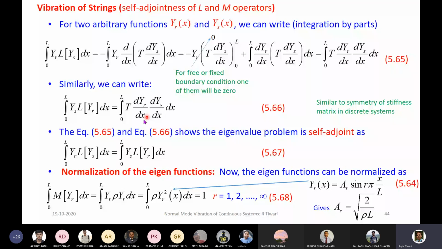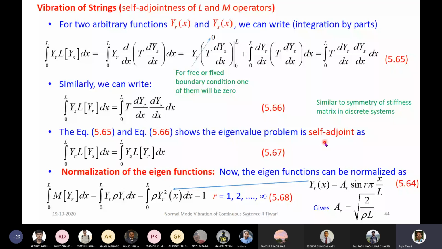So when we take the L operator on ys multiplied by yr beforehand, and if we take the L operator on yr multiplied by ys, if these two quantities are equal according to this integration by parts, then the L operator is called a self-adjoint operator.